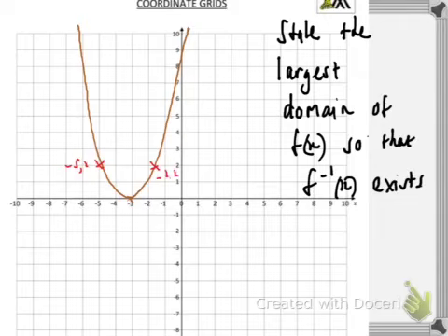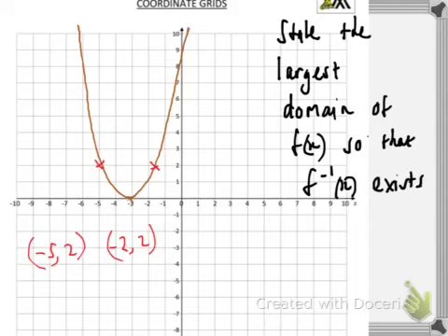So that y value of 2 has got two possible x values. What happens is, if we get the inverse here, let's write those down again: (-5, 2) and (-2, 2).